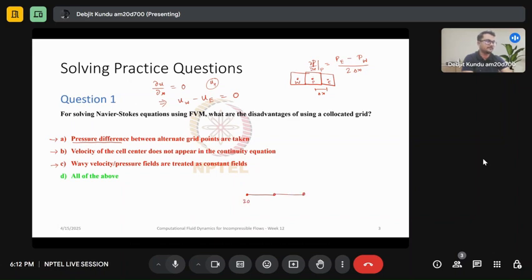So let's say if we have a pressure field like this, 200, 100, then 200, then according to the equation above, the dp/dx at this point will be equal to 0 because it takes a difference between this point and this point, which is 0. So that also introduces an error in the whole solution. So since all of these are true, you should have picked option D, all of the above, being the correct answer.